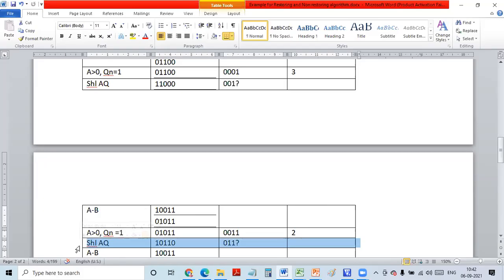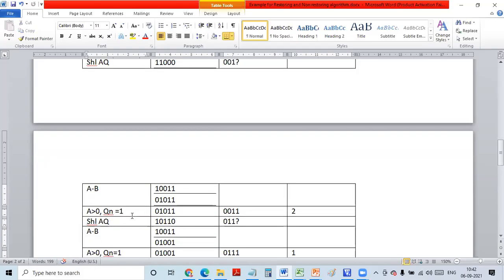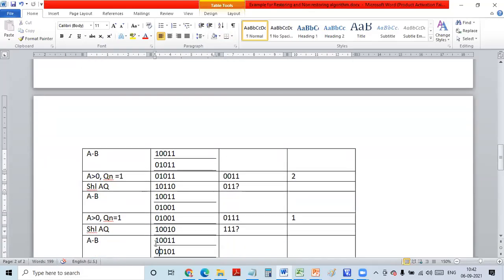In the next cycle, again shift left and then perform the subtraction, because the previous value of Qn is 1. So I have to proceed by subtraction. Perform the subtraction, add minus b to A, and I'll get this result. Again, the most significant bit of A is 0, indicating the result is positive.